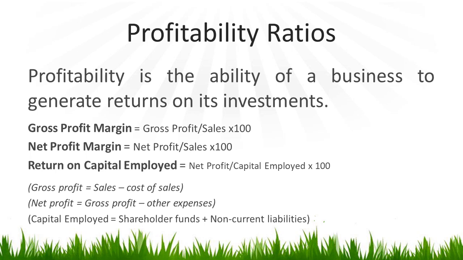Again, we are not going to discuss any standard values because it differs from industry to industry. Each industry is going to have its own profitability values. Different industries tend to have a different potential in terms of profit maximization.